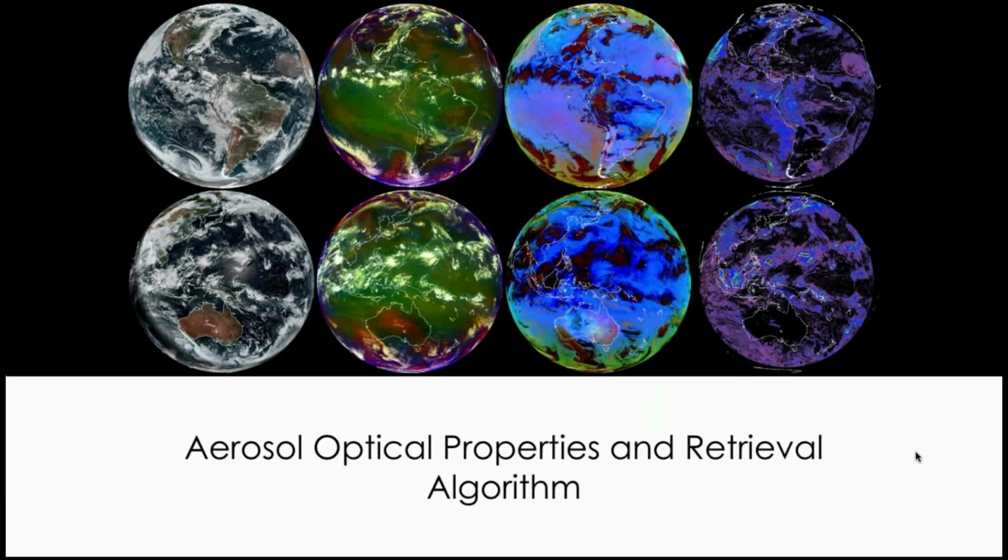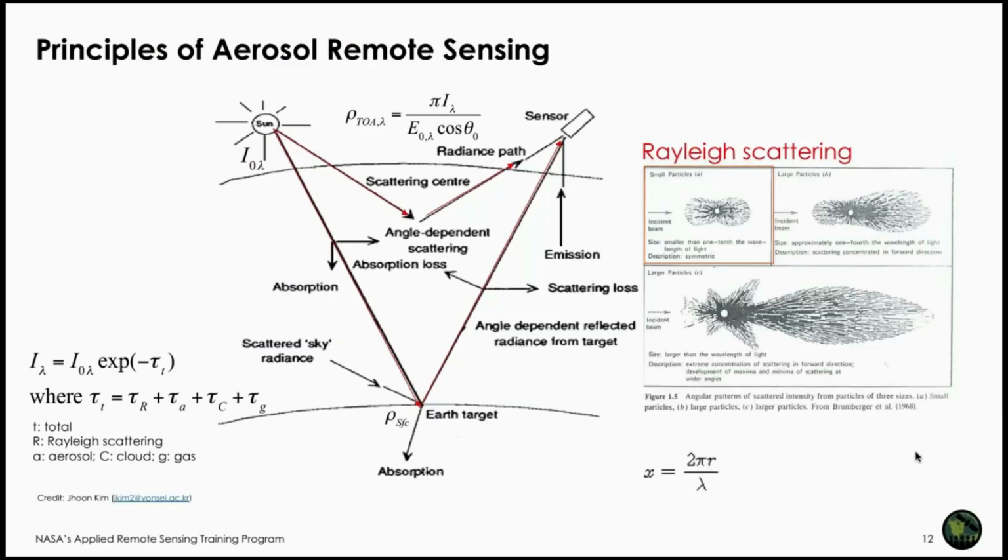The second part is the aerosol optical properties and retrieval algorithm. These are the principles of aerosol remote sensing. We can see the sunlight here, which starts from the sun to Earth, passes through the atmosphere, and is reflected from the Earth, and we can detect these reflected sunlight signals from the satellite.